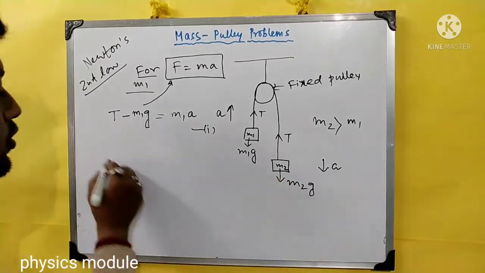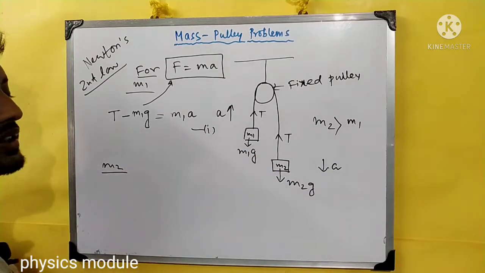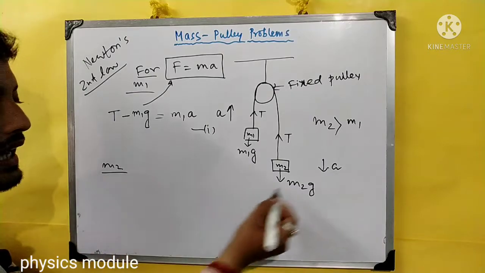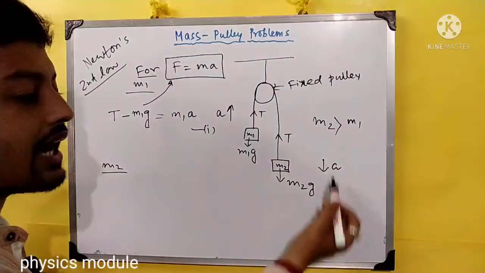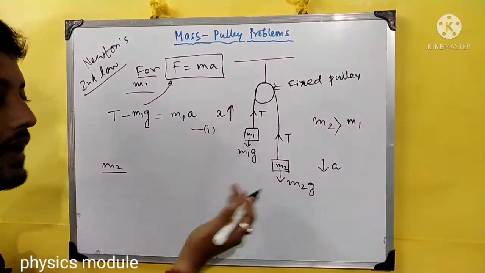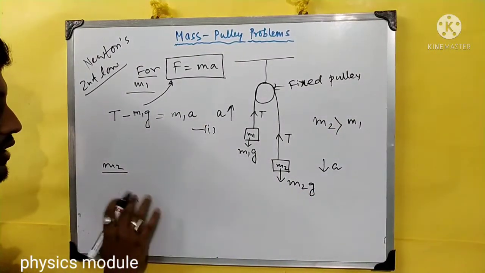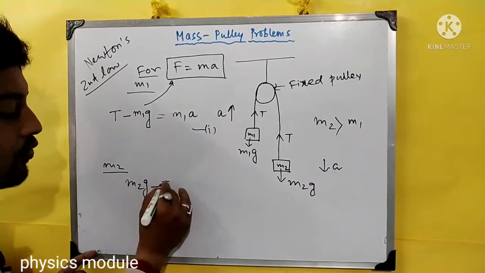And for m2, what will be the equation? In this case the weight of the mass is along the direction of acceleration, so this weight will be taken as positive. So you have to write it as m2g minus T. Why is it minus?